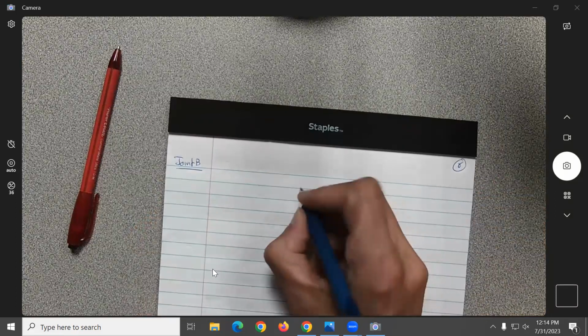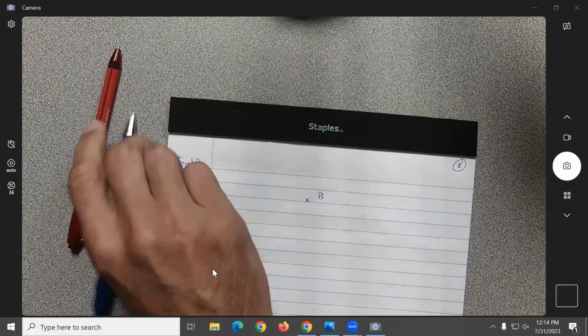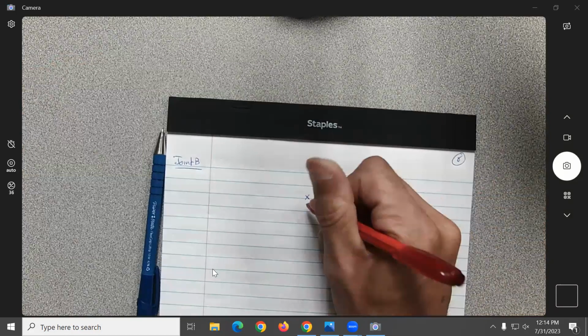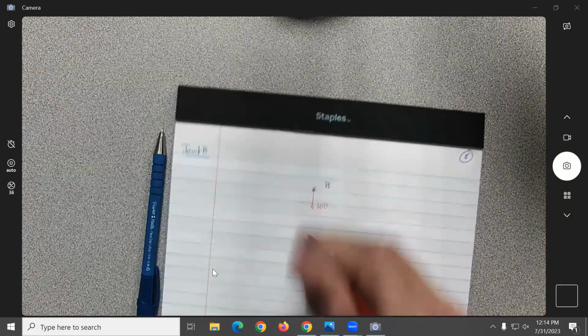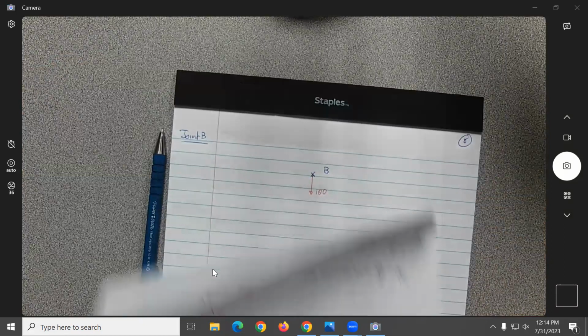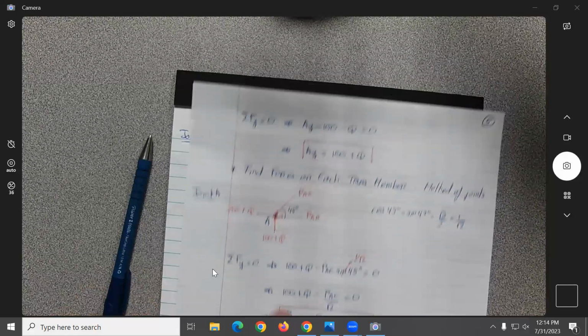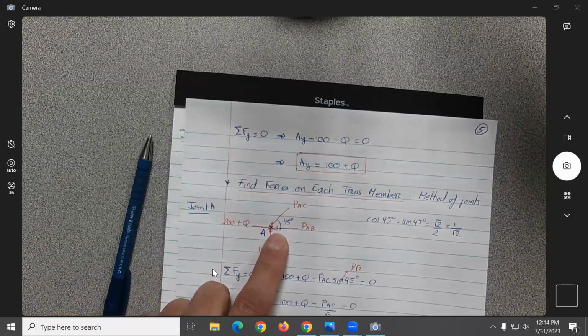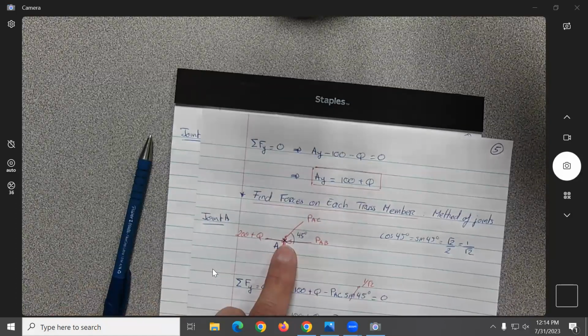All right, so we have our point B over here. Similarly, our point B here is subjected to 100 kilonewtons down. Now, from the previous page, we know that PAB is equal to 100, no? And this one was applied in tension. So that means that now we need to reverse, no?